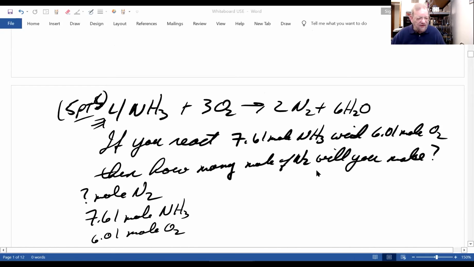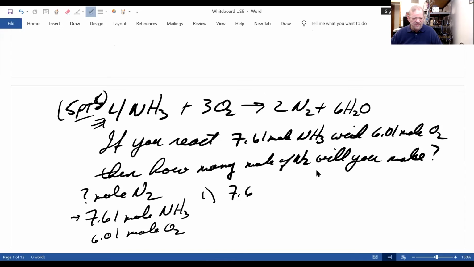So, let's look at this one right here. I want to go from 7.61 moles of ammonia to moles of my product, what we're trying to find.